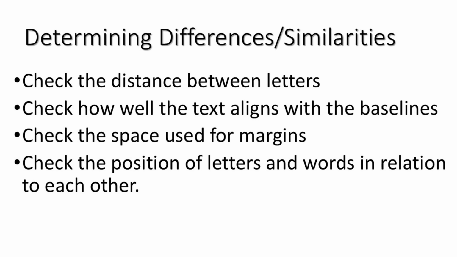Another thing we take note of is the position of the letters and words in relation to each other. For example, some people write "of" by placing their O above the crossbar of the F, and this will be consistent in all their writings.